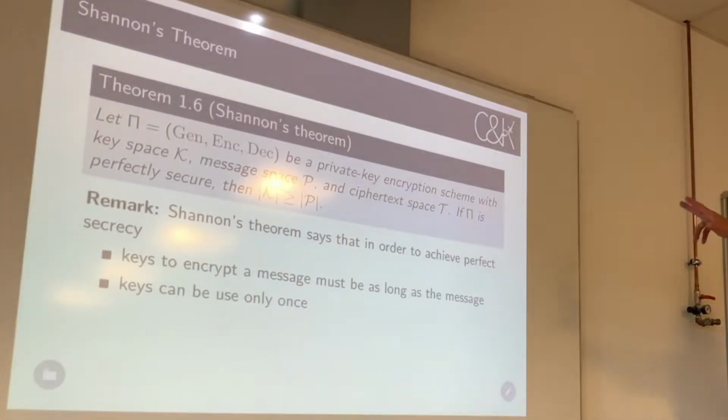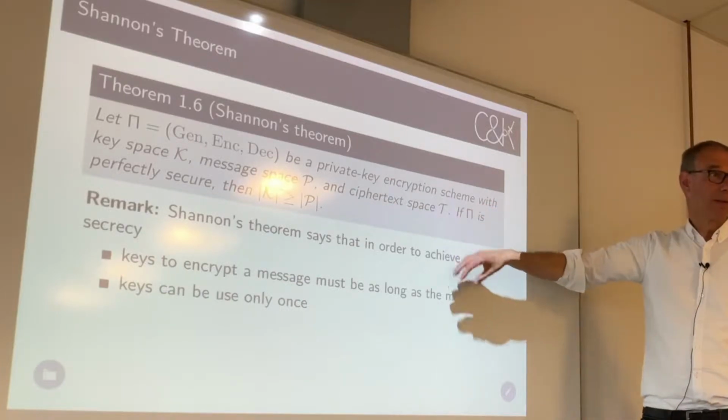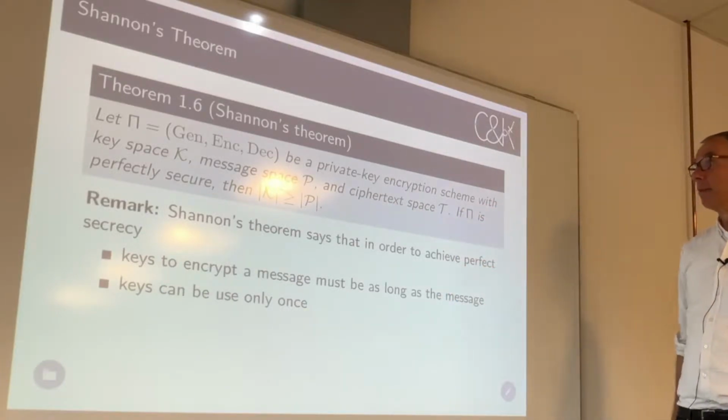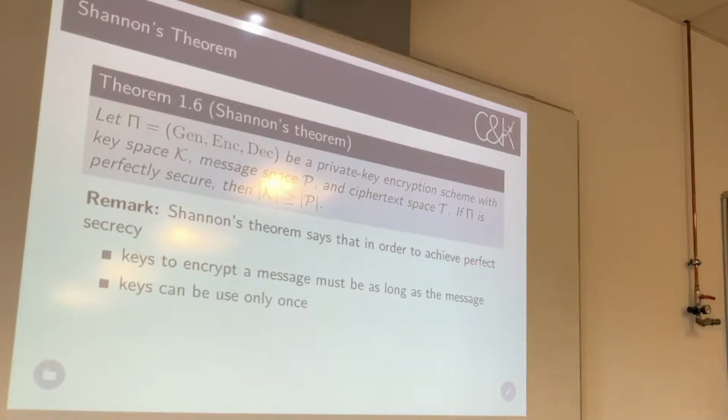This is a slightly different formulation of Shannon's theorem than the one I presented to you the last time, because this makes clearer what the consequences are. This follows from the other version, and the other version follows from this version. They are all mostly equivalent.